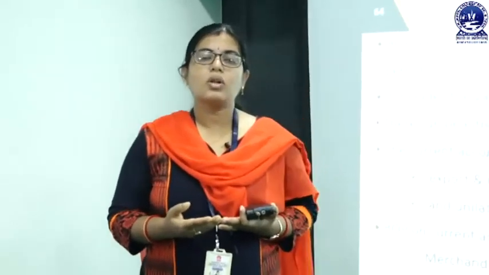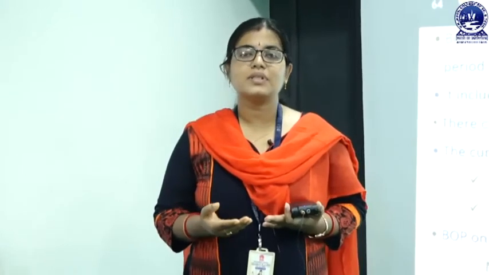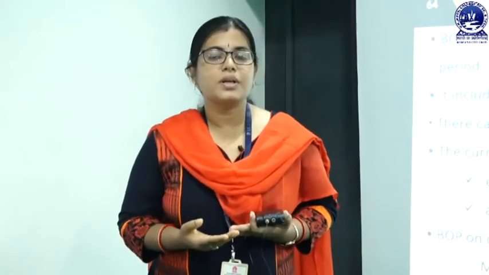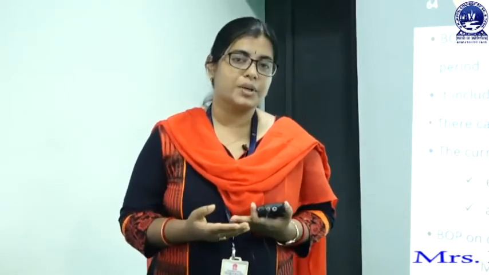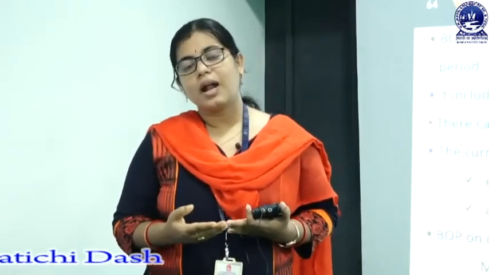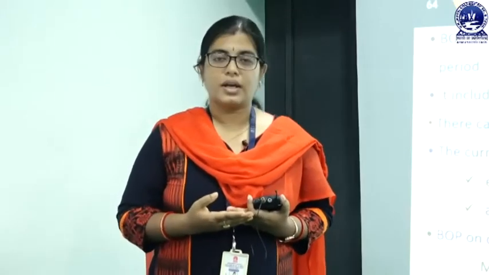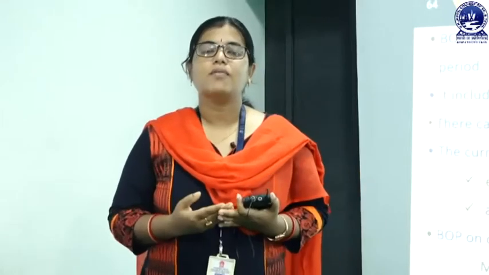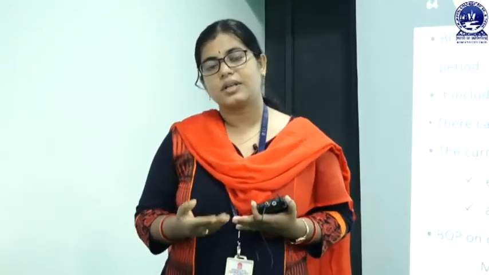So as the current account maintains all the visible and invisible trade transactions, the actual receipts and payments of the country for a short period of time, it can have a surplus or a deficit. So the current account has two sides, one is the debit side, and the other is the credit side.